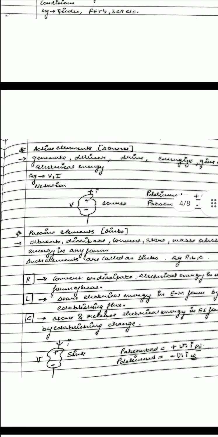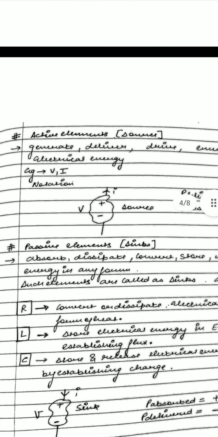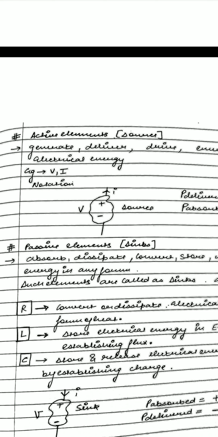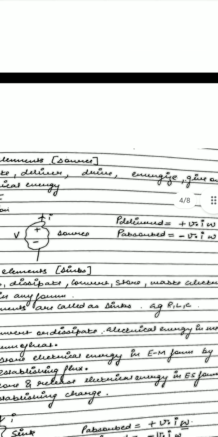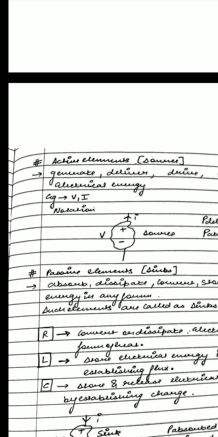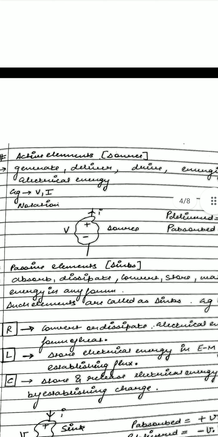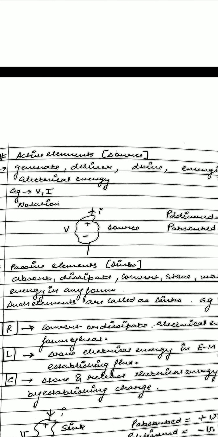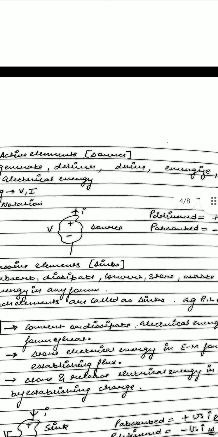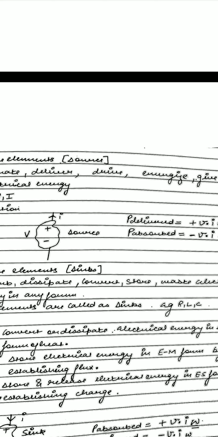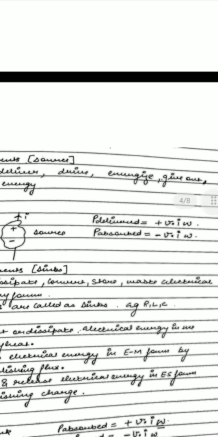Now the third basic classification: active element and passive element. An active element generates, delivers, drives, energizes, it gives out electrical energy. The notation is that current leaving the terminal is considered positive in the case of a source, as the basic standard convention is that a source always delivers power.